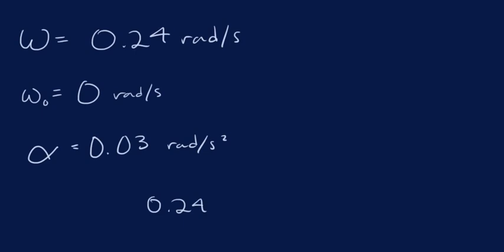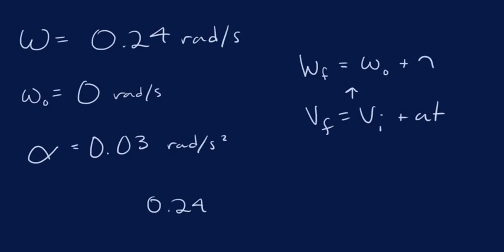So final equals, what does this look like? It looks like we're going to use that beautiful little formula, VF equals VI plus AT. So translating this over, it's just this. Plugging that in, our final velocity is 0.24 radians per second.